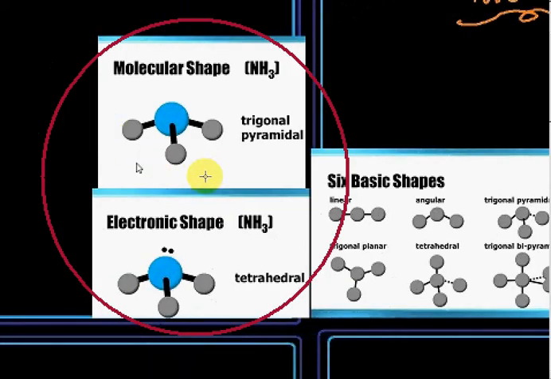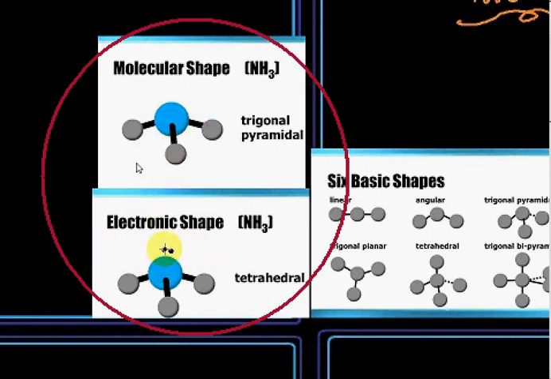So here's a great example right here. We've got a molecular shape which is trigonal pyramidal. Looking at it, you might think it should be trigonal planar, so why do we have repulsion of the 3 hydrogens in NH3 downwards? That can be explained if you look at the electronic shape.